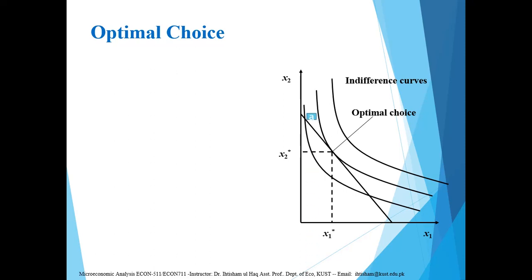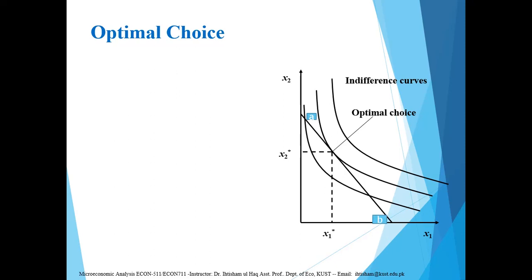For example, point A. Now at point A, our consumer can attain this combination of good X1 and X2 and it is going to exhaust our consumer's budget. But if we compare the satisfaction, it is lower than the optimal choice point. Why? Because it is on the lower indifference curve.